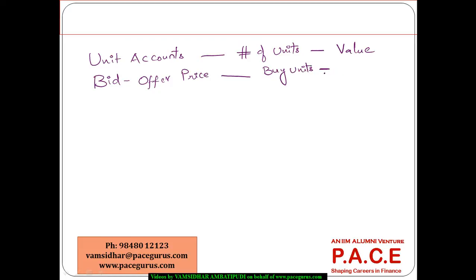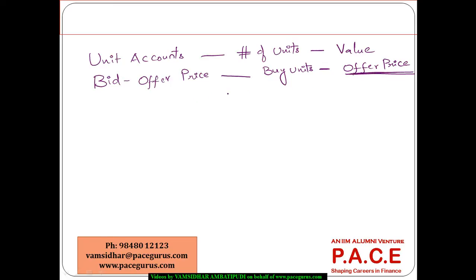With that allocated portion, they are going to buy the units of the fund at what is called an offer price. From your side, when you are buying, the insurance company is trying to sell the units to you at an offer price.